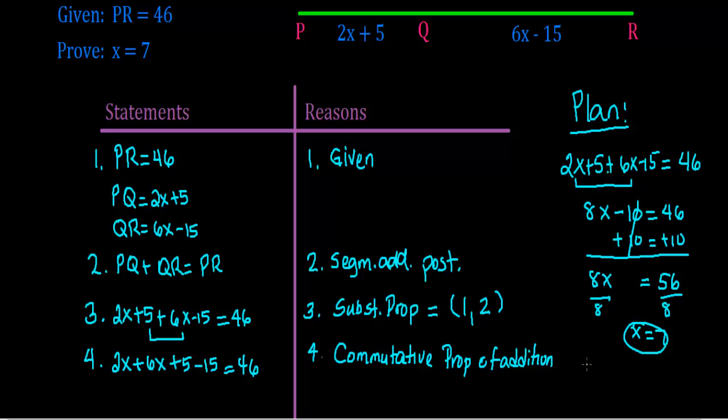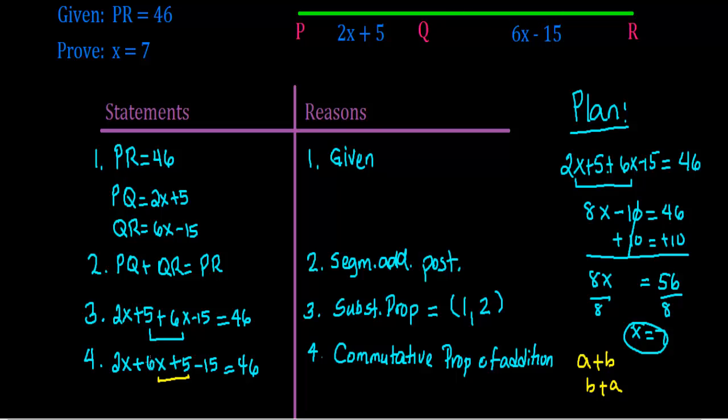It says that A plus B is the same thing as B plus A. In other words, 6x plus 5 is the same thing as 5 plus 6x. So I can switch their positions, okay? And that's what I did here. I switched them. I had 5 plus 6x, now I have 6x plus 5. Why did I use the commutative property?